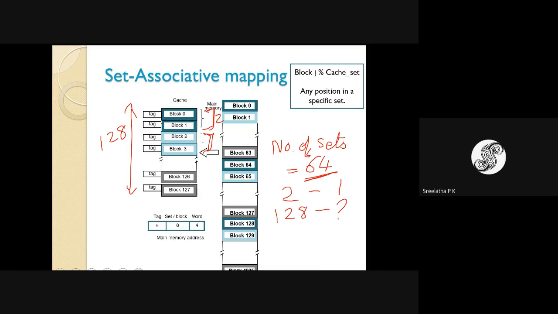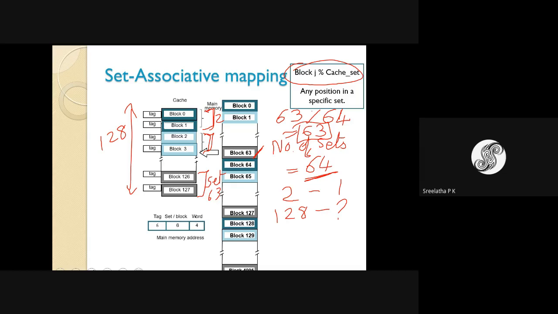Now, if I try to place block 63, the technique used is 63 modulus the number of cache sets. Cache sets are 64. It is nothing but 63. Cache set 63 is the last.